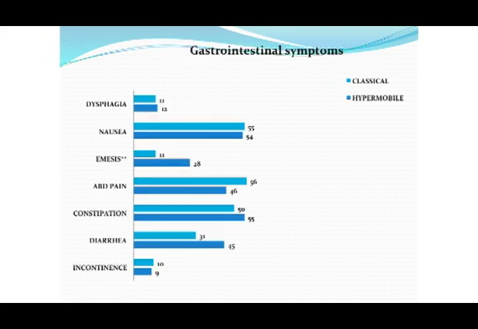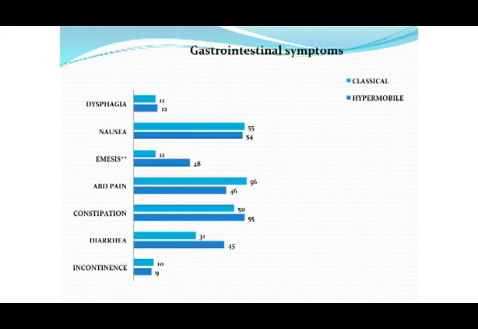Dysphagia, or difficulty swallowing, in around 11 or 12%. More than half of the patients tell us they're experiencing nausea. Emesis was one of the few where we had a difference between the classical and the hypermobile group, but I don't really know what to make of this distinction. A large number of patients are experiencing nausea.